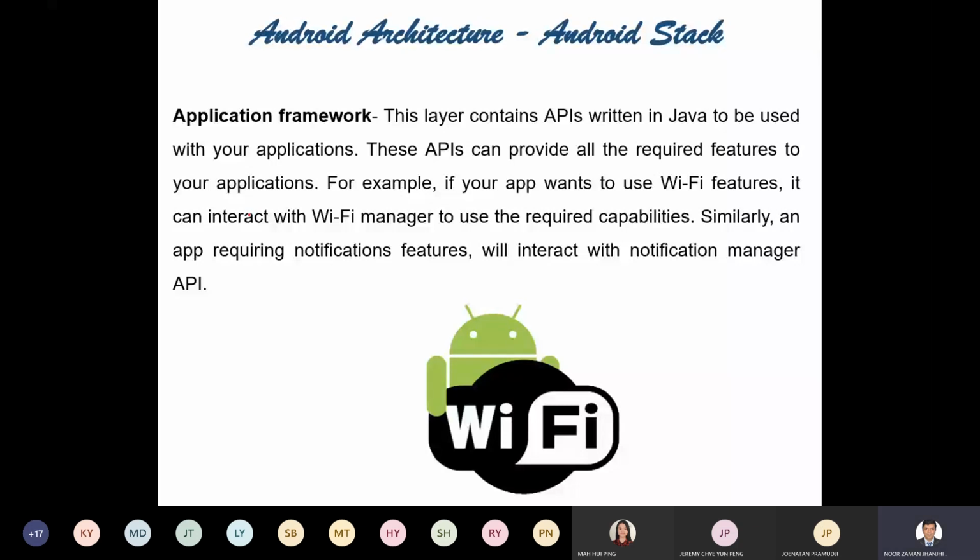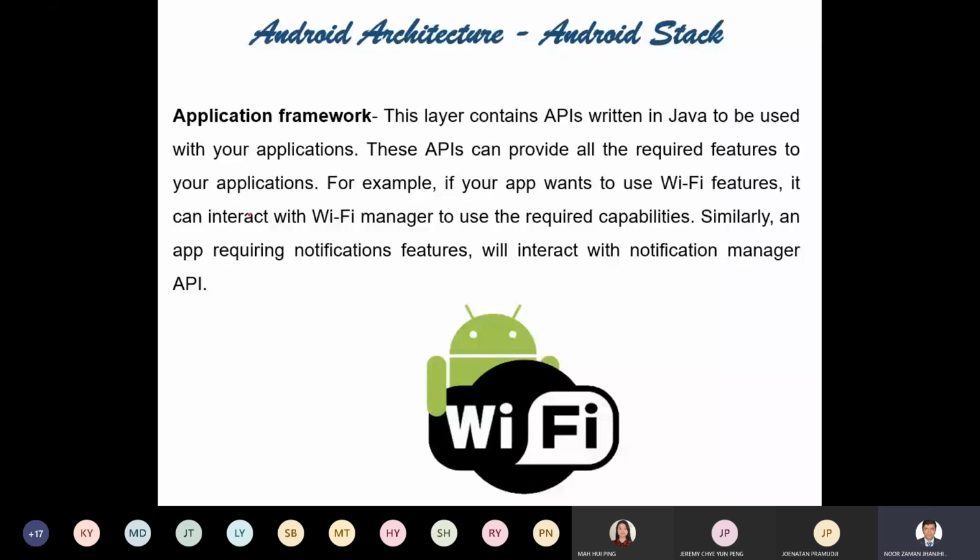All of the layers have a very important role. They are all essential, in sequence, for any application we are trying to run. For example, if your app wants to use Wi-Fi features, it can interact with the Wi-Fi manager to use the required capabilities.